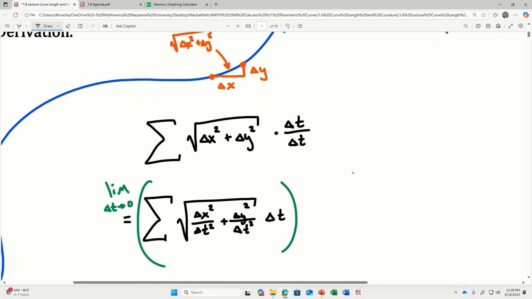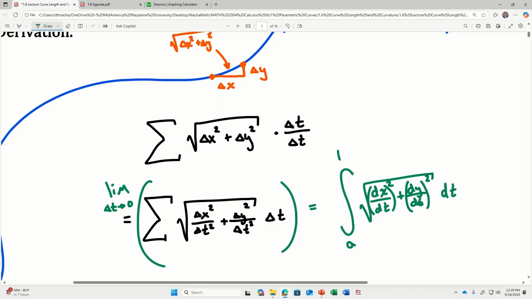And the limit of all of this as delta t approaches 0 is going to be the integral, because we use the integral sign whenever we're adding up a bunch of really, really small things in a limit, of the square root of lowercase dx over dt squared plus dy over dt squared, dt. And then a and b are the starting and endpoints of your parameter.